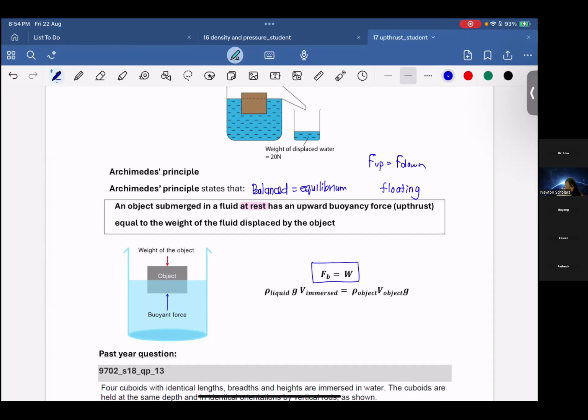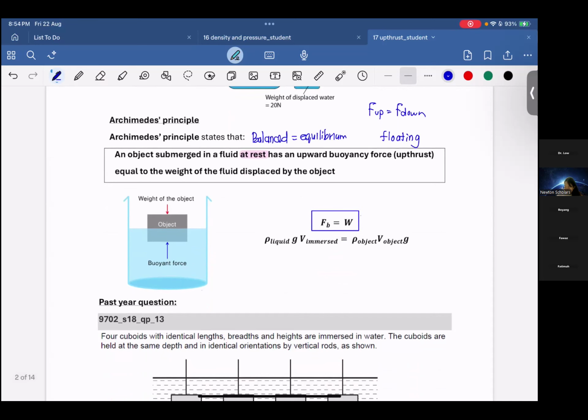The weight, as we already learned, is density times volume, the mass of the object times g, which equals rho GV. The V here is the volume immersed. If not fully immersed, then we have to calculate the immersed part only.